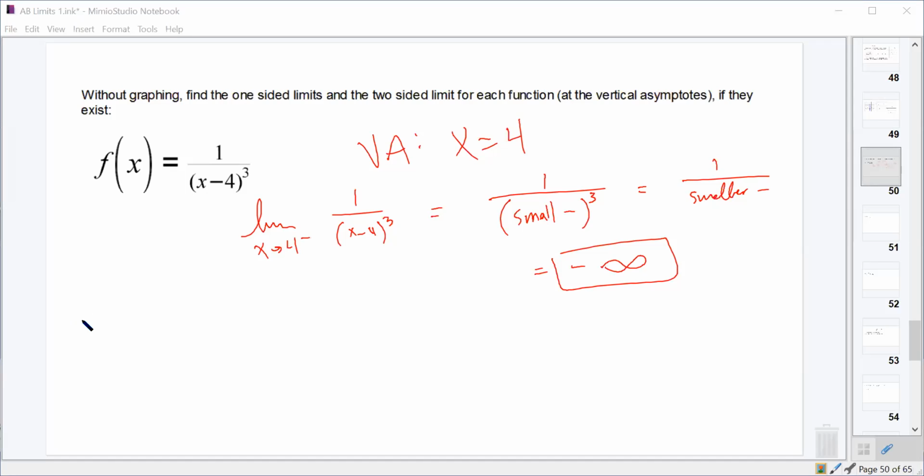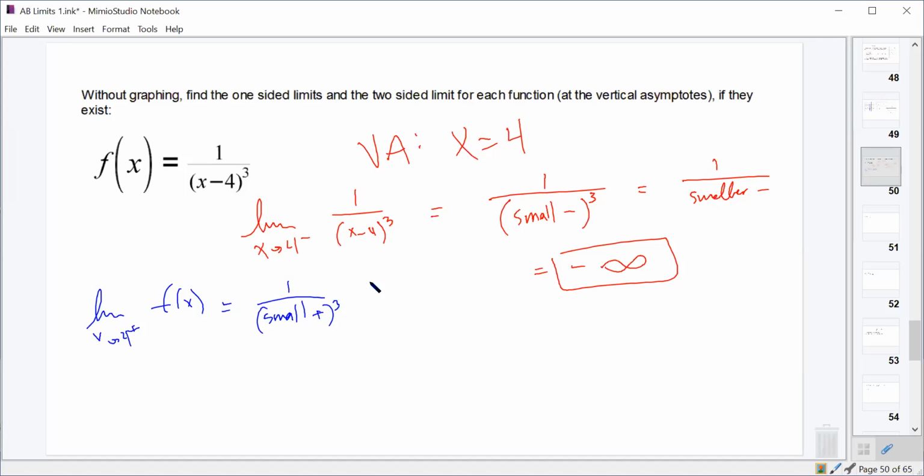What about the limit as x approaches 4 from the right of f of x? Well, as I approach 4 from the right, that's going to be 4.00000000001 minus the 4, which gives us 0.000, etc. 1. It gives us 1 over a very small positive number that is being cubed.